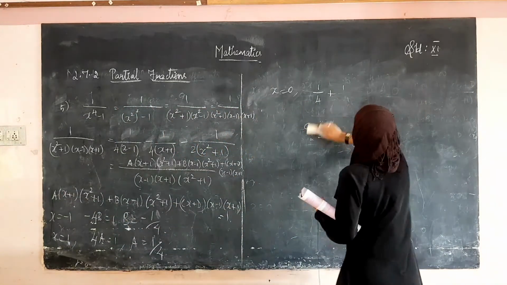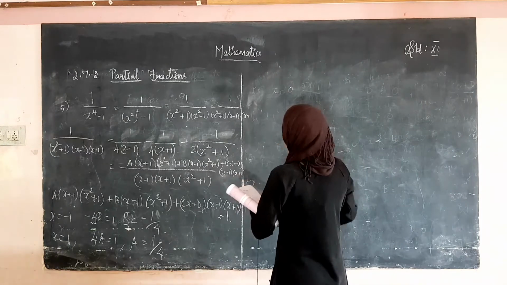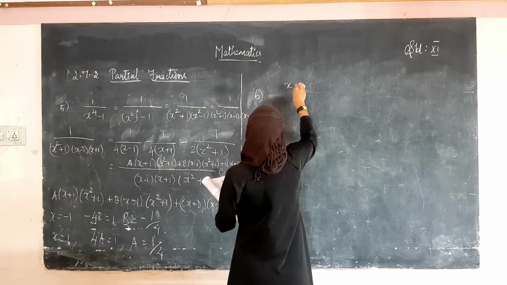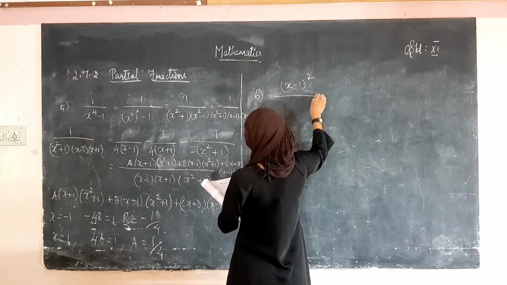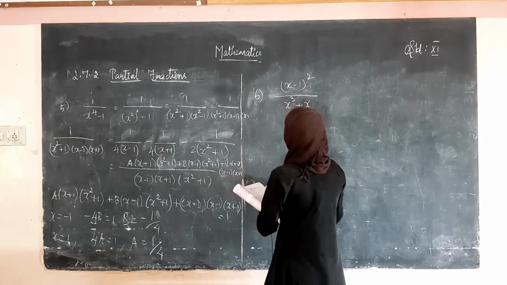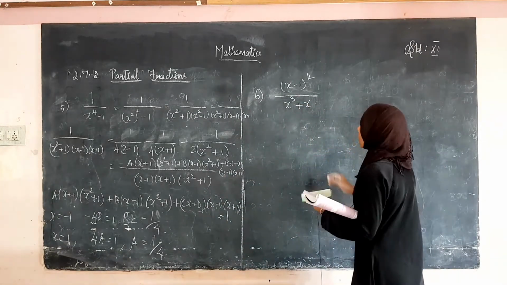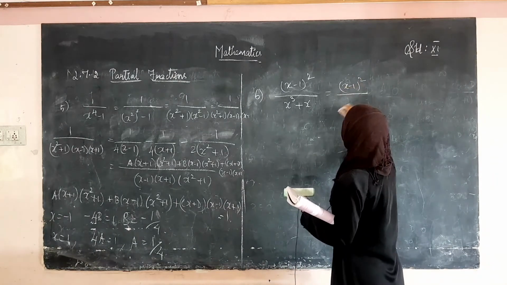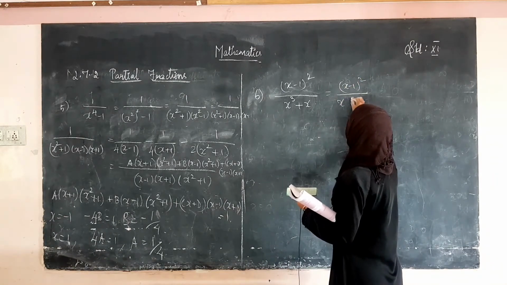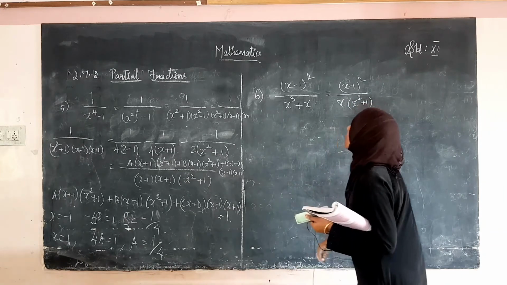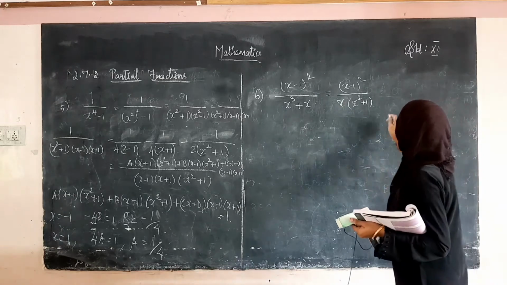Okay, now let us see the sixth sum. Sixth sum, x minus 1 the whole square divided by x cube plus x. Okay, so what happens? X minus 1 the whole square, take x outside, x into x square plus 1. Now shall we resolve this?